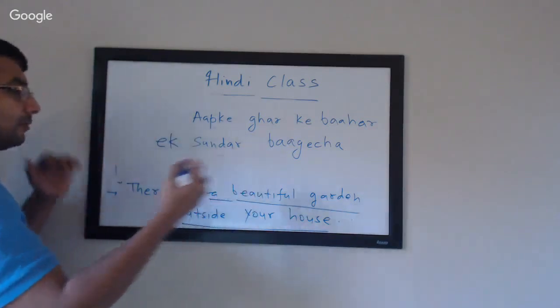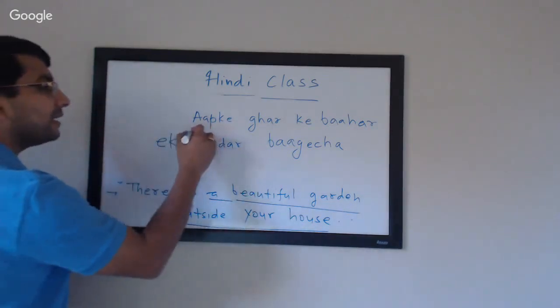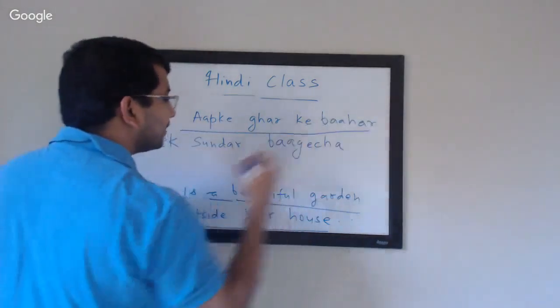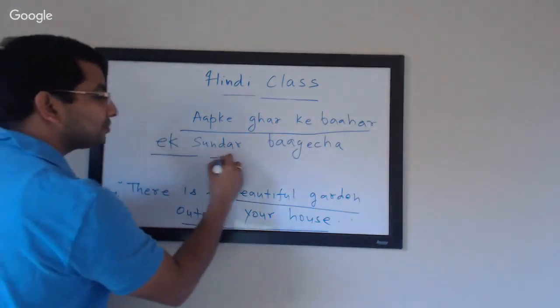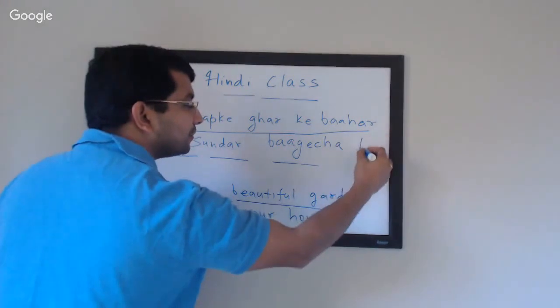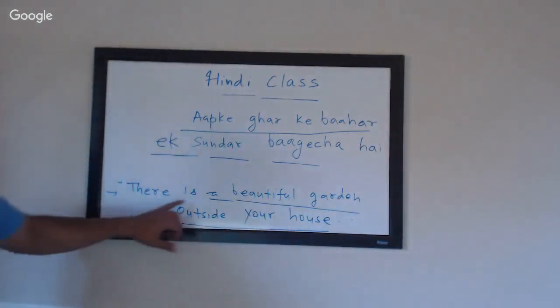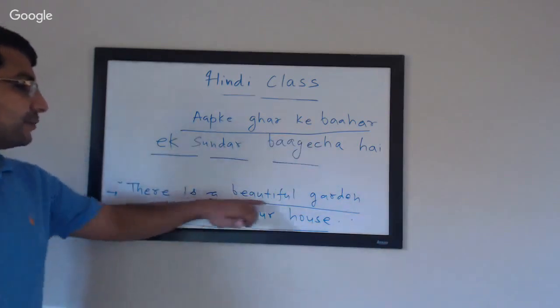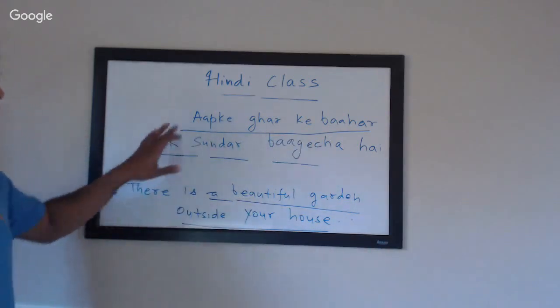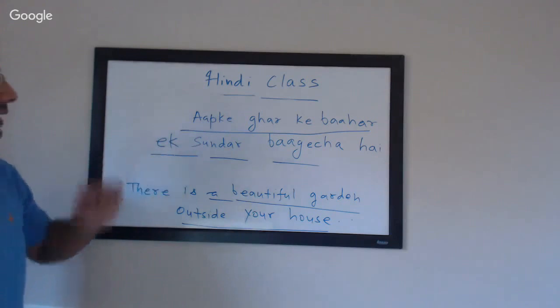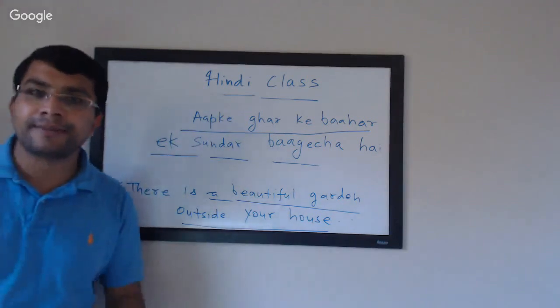Now, if you combine all of them, you write it as आपके घर के बाहर एक सुंदर बागीचा, and then you end it with है. There is basically है. So there is a beautiful garden outside your house. It's आपके घर के बाहर एक सुंदर बागीचा है.